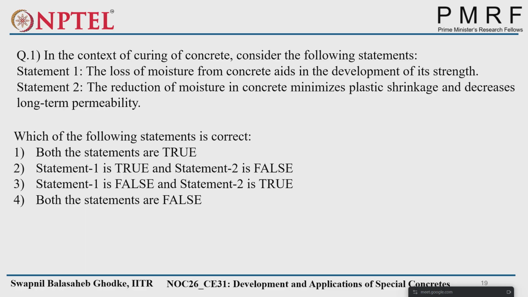So in the context of curing of concrete, consider the following statements. Statement 1: the loss of moisture from concrete aids in the development of its strength. Statement 2: the reduction of moisture in concrete minimizes plastic shrinkage and decreases long-term permeability. So can anyone answer this?